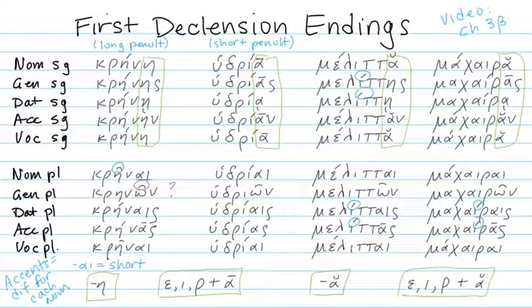So don't think that there's any connection between type 1 and accents, or type 2 and accents, or type 3 and accents. Instead, every individual noun has an accent in the nominative singular. You have to memorize which accent it is and where it is, and then use the accent rules in chapter 3 beta to determine when that accent moves and whether it changes back and forth between acute and circumflex.